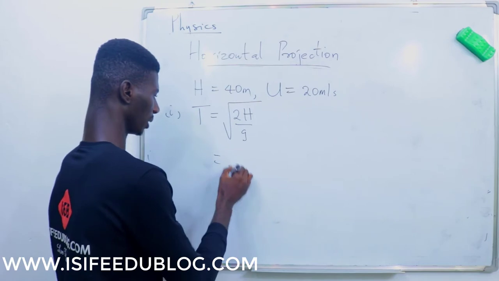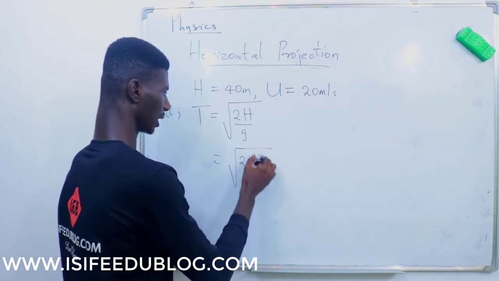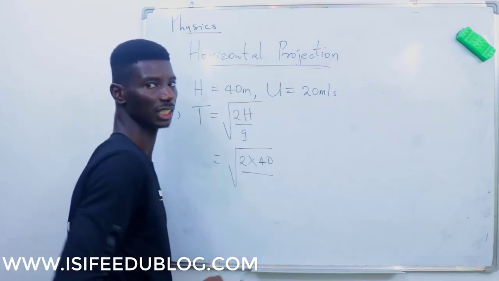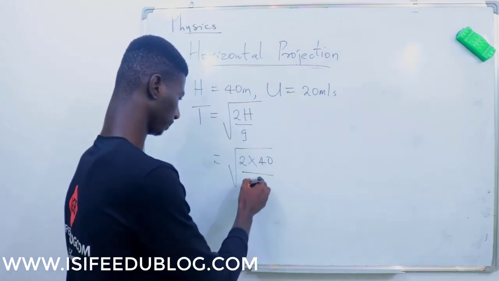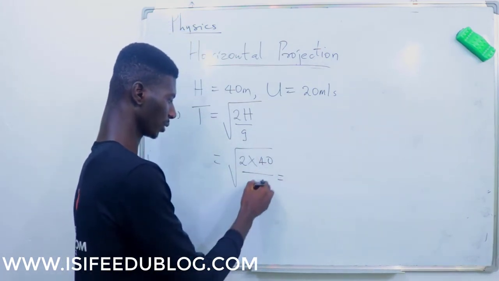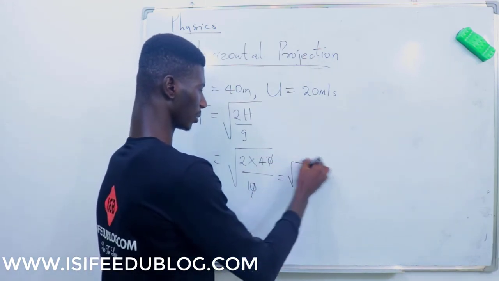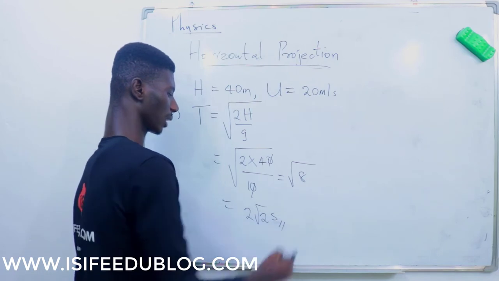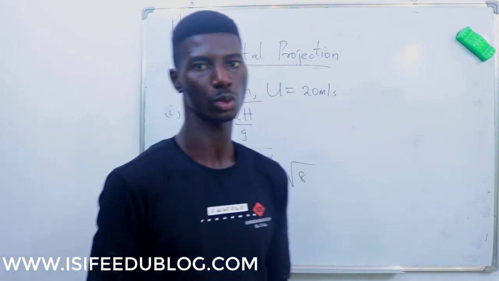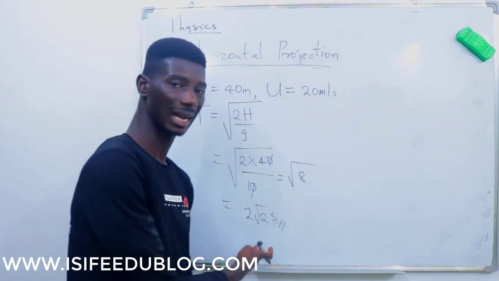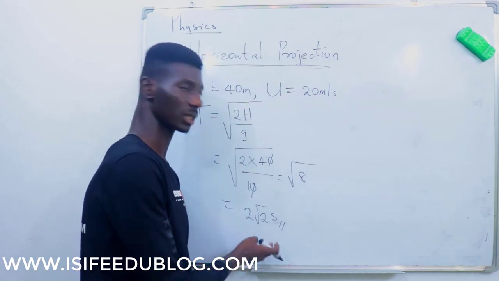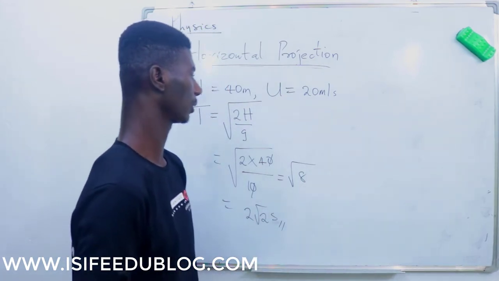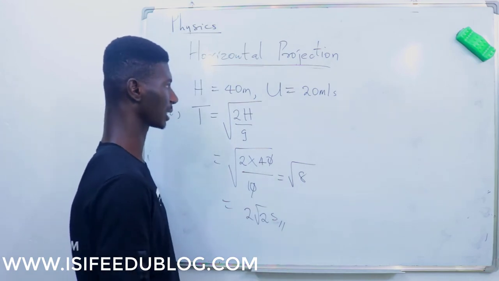So what we do is 2 times, what is h? 40, divided by g, which is given in bracket as 10. So this gives us square root of 8, which is 2 root 2 seconds, if you are told to leave your answer in short form. But if not in short form, you can take the square root of 2, then multiply by 2 and get the other answer in decimals.